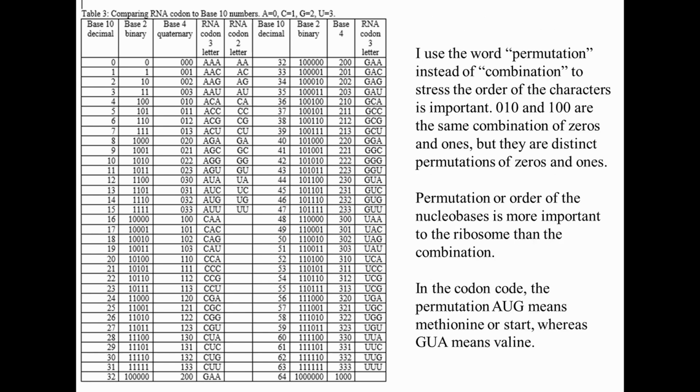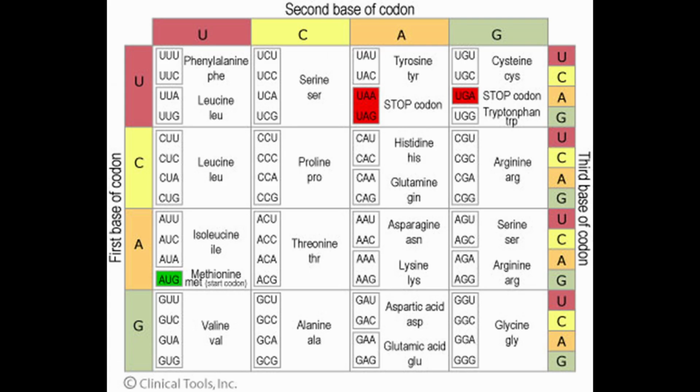Incidentally, I use the word permutation instead of combination to stress that the order of the characters is important. 010 and 100 are the same combination of zeros and ones, but they are distinct permutations of zeros and ones. Permutation or order of the nucleobases is more important to the ribosome than the combination. In the codon code, the permutation AUG means methionine or start, whereas GUA means valine.